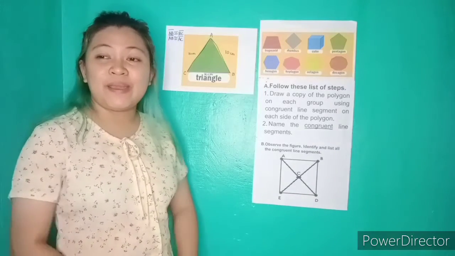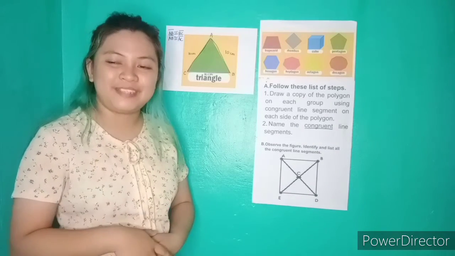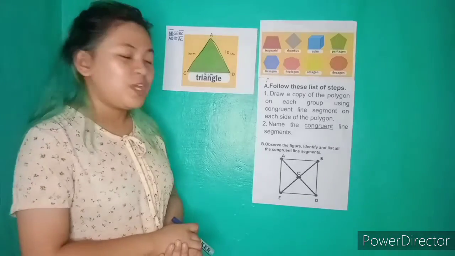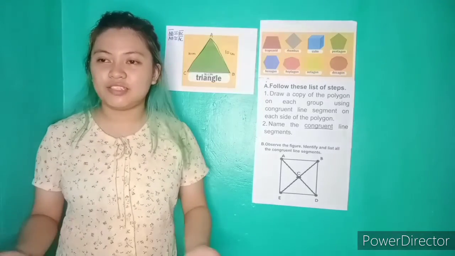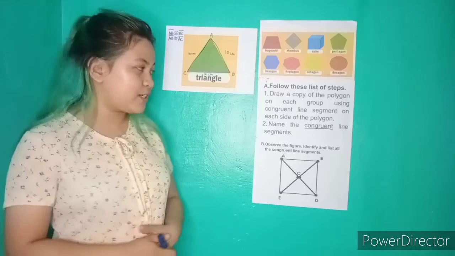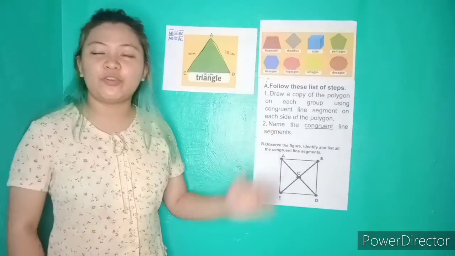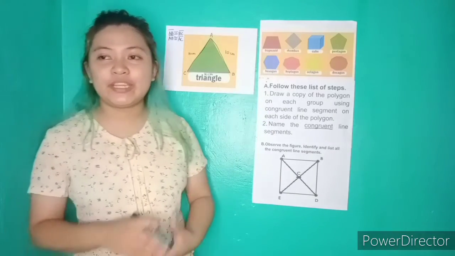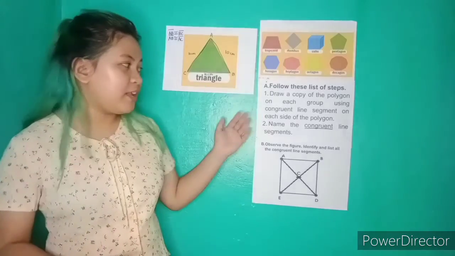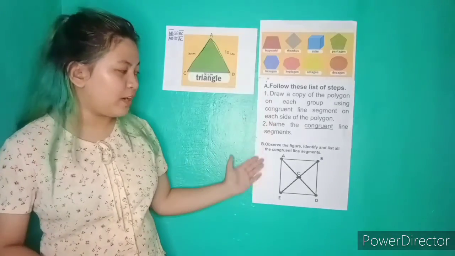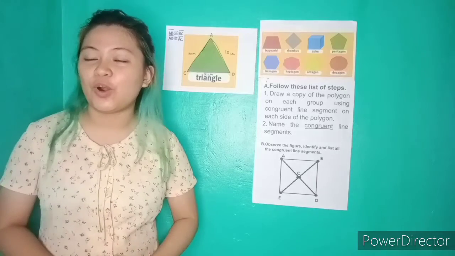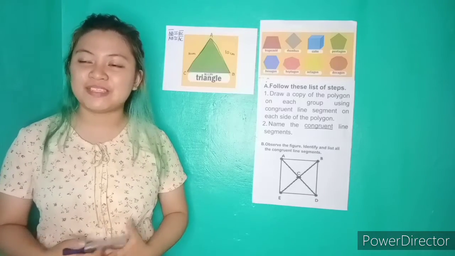Am I understood? Yes, very good. Since you all understood the directions for part 1 and part 2 of your group activity, I will give you 10 minutes, 5 minutes for this one and 5 minutes for this one, to do your activity. You may now start.